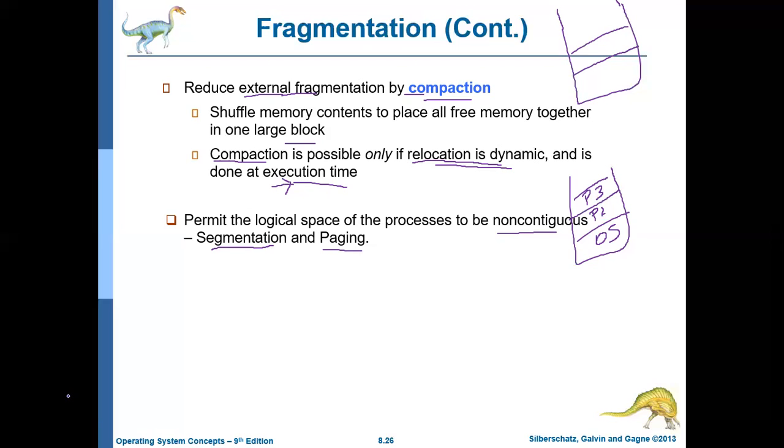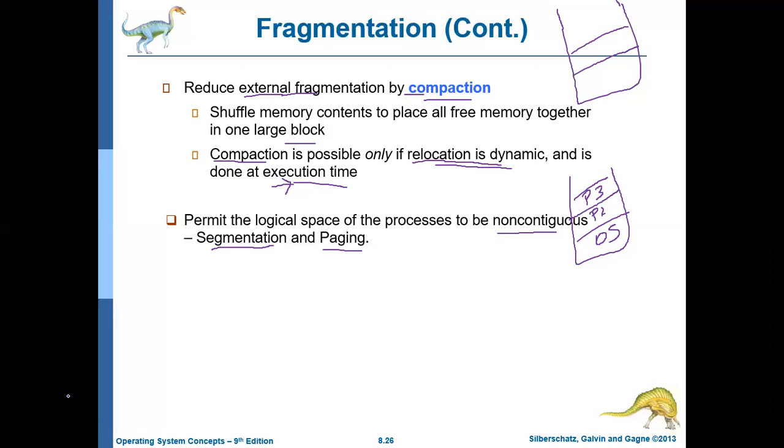But actually the holes are split across the memory, and as they are not contiguous, the new process may not fit in the available holes. This problem is called external fragmentation, and it is created because of variable size partitioning. External fragmentation can be reduced or avoided by using a technique called compaction.